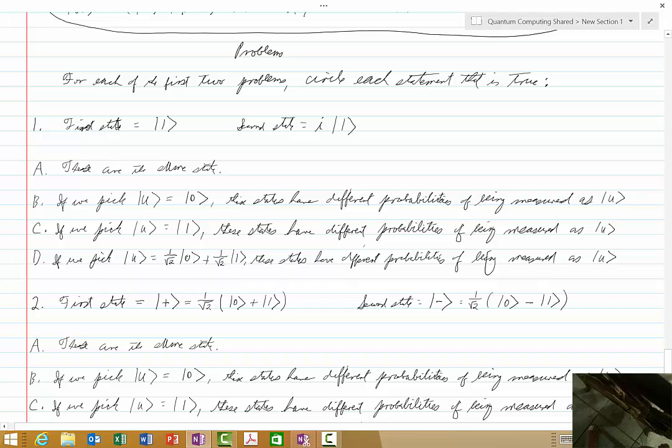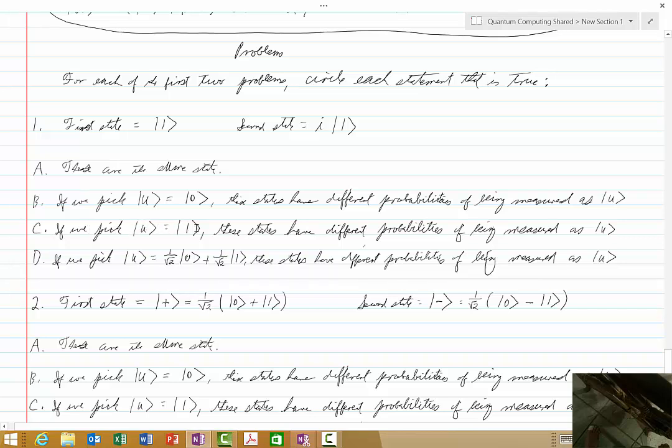So in the first problem, and both of these problems will be like exercise 2 at the end of the second chapter. So in the first problem, the first state is the ket 1, and the second state is I times the ket 1. A, these are the same state. B, if we pick the ket U to be the 0 ket, then these two states have different probabilities of being measured as that U ket.